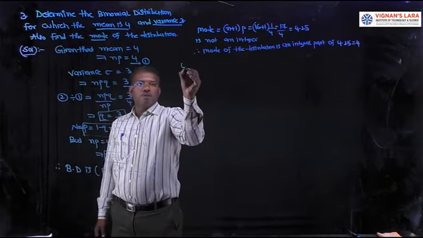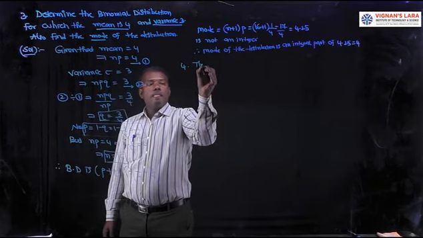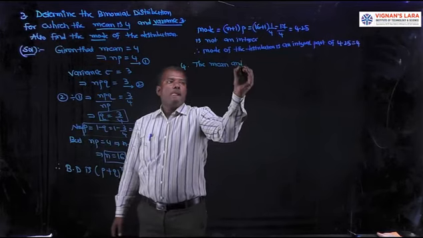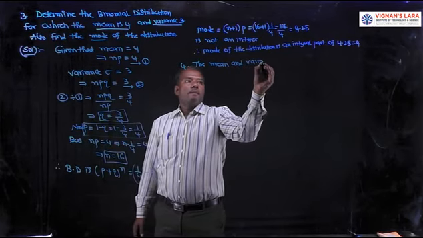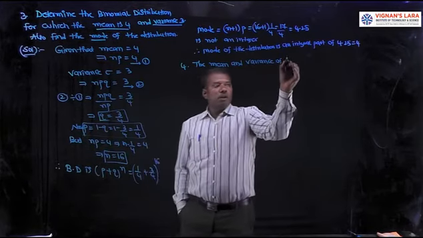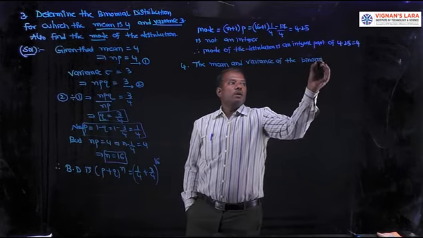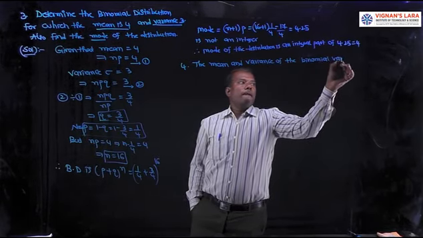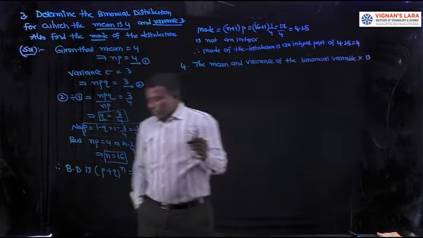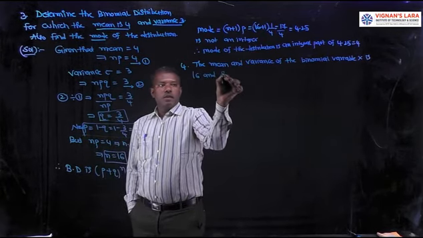Coming to the next problem: the mean and variance of the binomial variable X are 16 and 8.